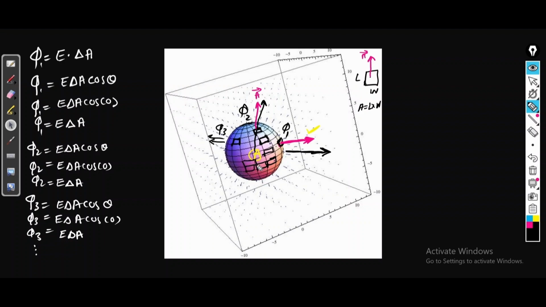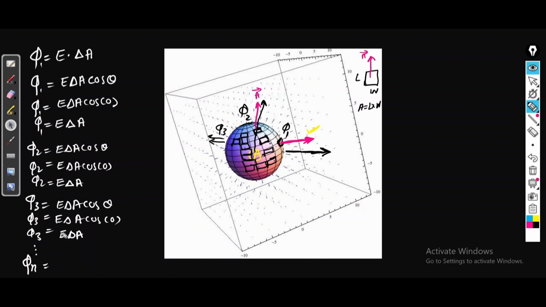In this way I will take the flux for all these differential areas of this Gaussian surface, up to phi n, for this large number of areas.